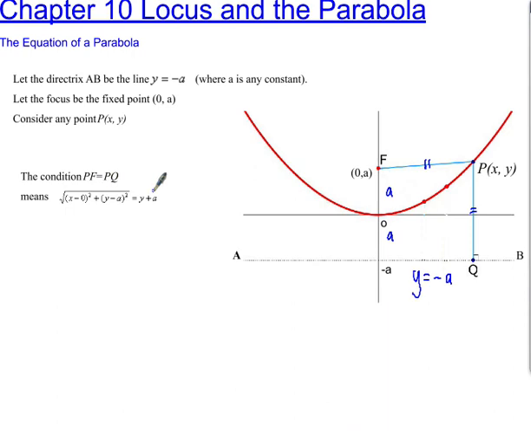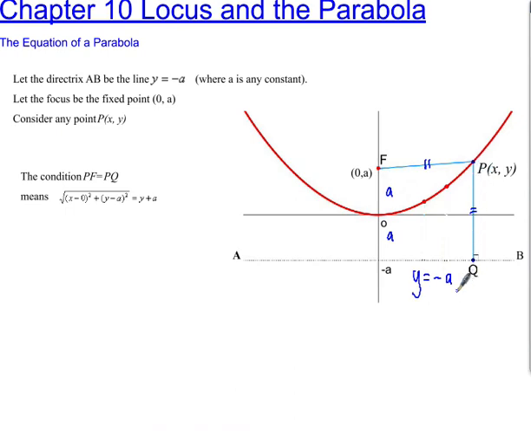Then substituting into the distance formula, PF would be the square root of (x minus 0) all squared, plus (y minus a) all squared. And the distance PQ is the distance from there to there, which is y, because remember that's the x-axis, and then that distance there is a, so PQ is y plus a.